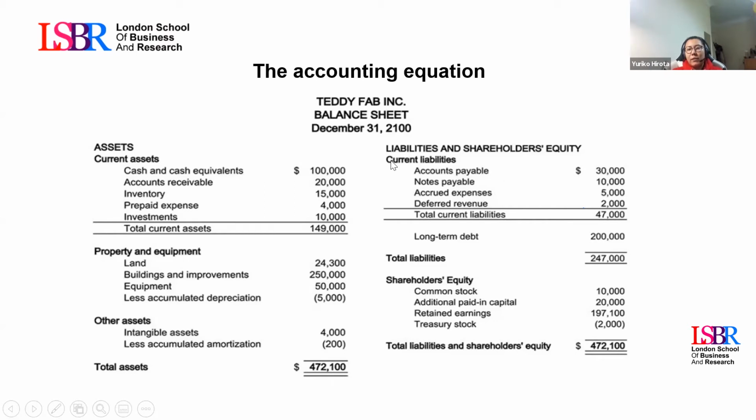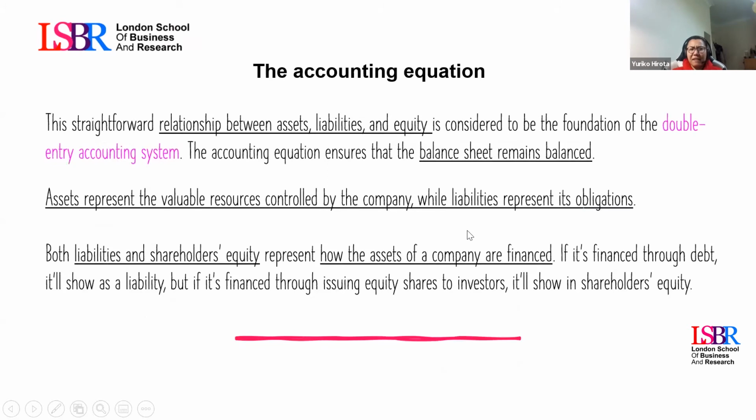And if I increase, for example, accounts payable, because at a certain moment we need to pay that loan, it is an obligation. If I increase this part, I'm going to increase the total on this side.